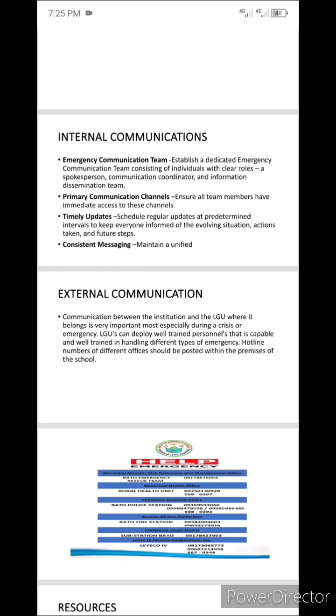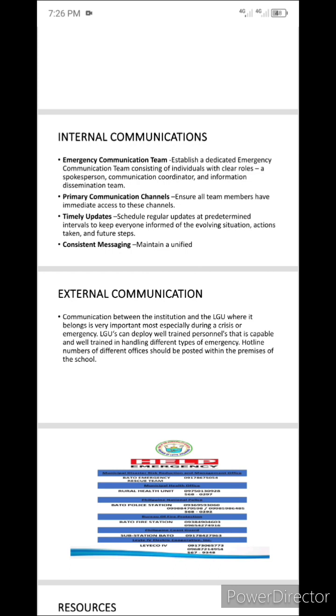Next, we have timely updates. Timely updates and consistent messaging are almost the same. When you say timely, the information should be given consistently and simultaneously, for example every hour, every minute, with no delay in the information.